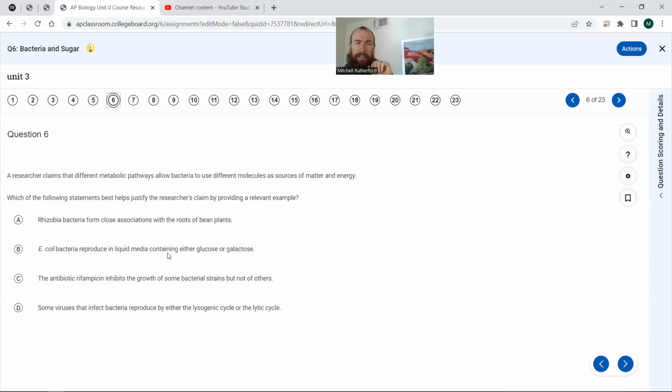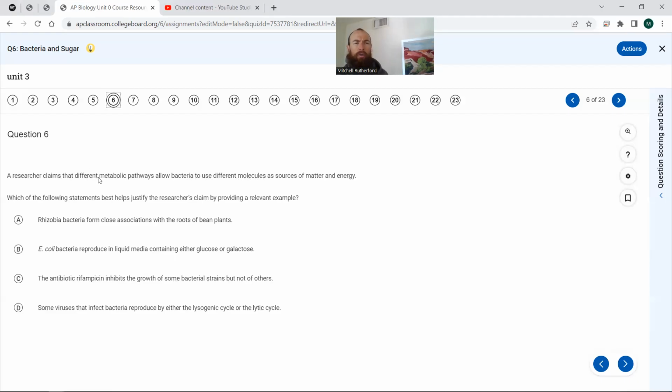So I do like C, but let's go B. E. coli reproduce in liquid media containing glucose or galactose. Yeah, but it doesn't say anything about different bacteria. So we do have different molecules. Different metabolic pathways allow bacteria to use different. Oh, I do like B. I all of a sudden like B.